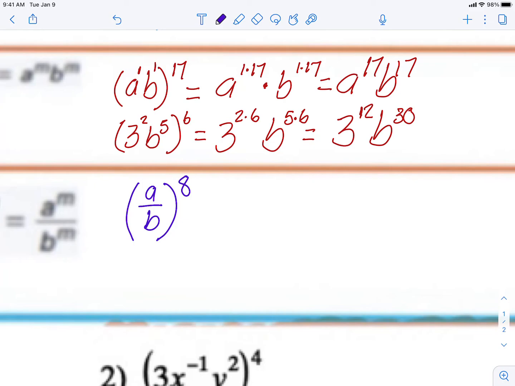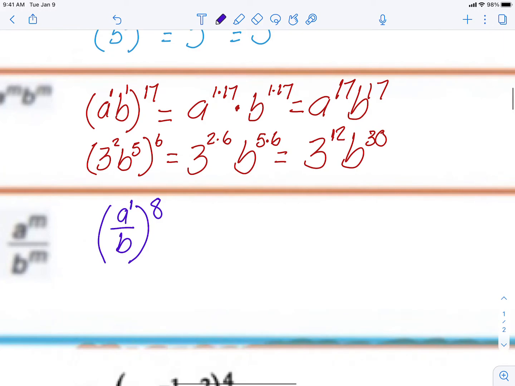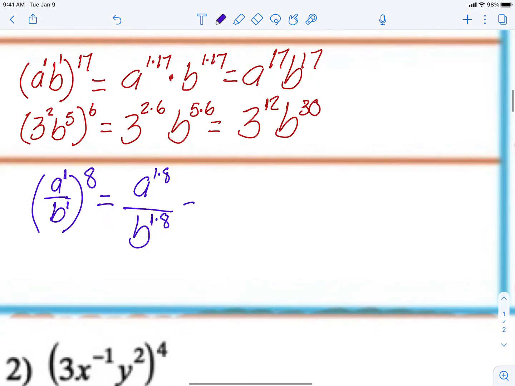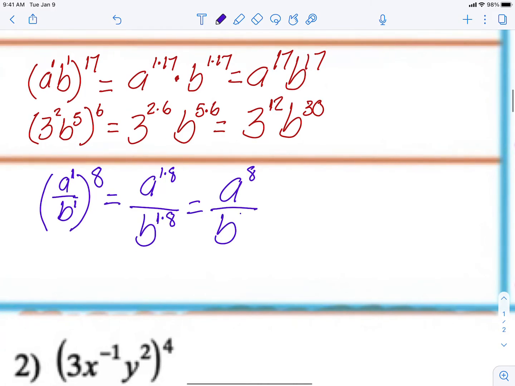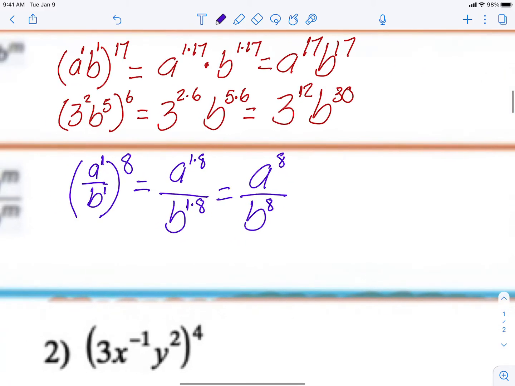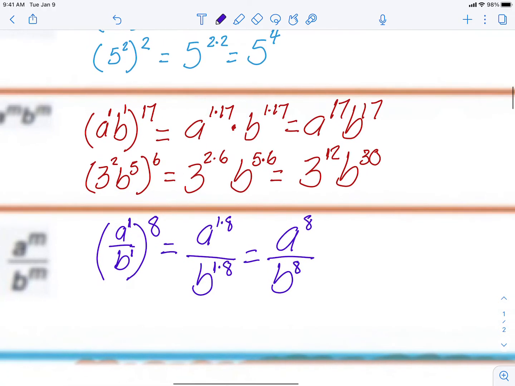Just like before, remember when a variable or a number doesn't have an exponent, we add an invisible 1. So this equals a to the power of 1 times 8 over b to the power of 1 times 8. That's going to equal a to the power of 8 over b to the power of 8. And there you go.